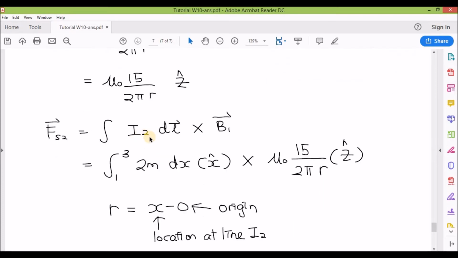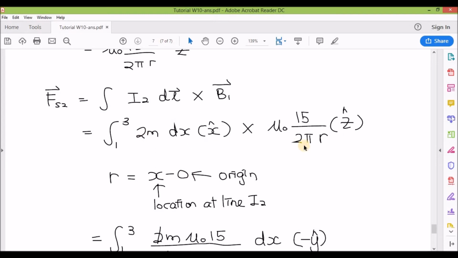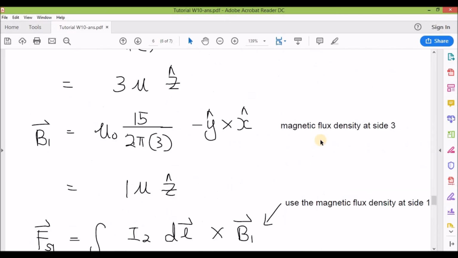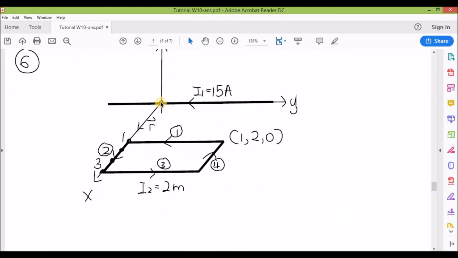For I2, the current is 2 ampere flowing in the positive x direction. The length of I2 depends on the value of x, so it will be dx. Now let's simplify this integration. This part is r. What is r? r is the distance between the source and the observation point.